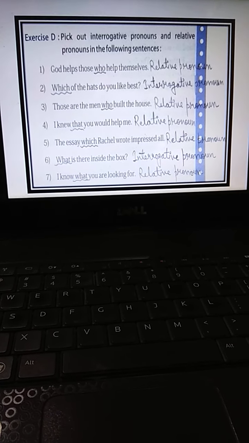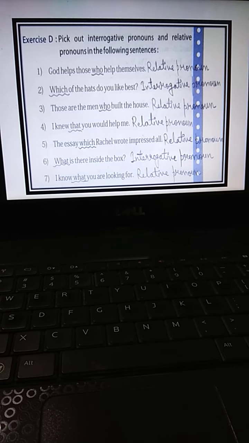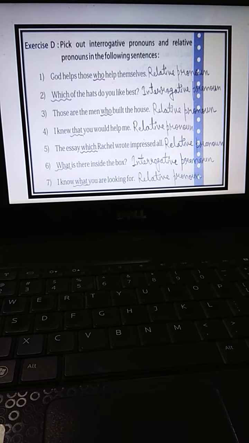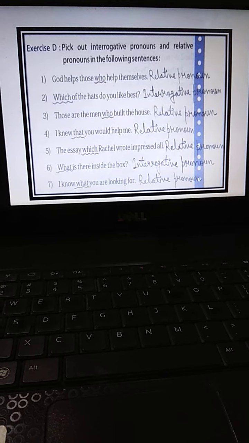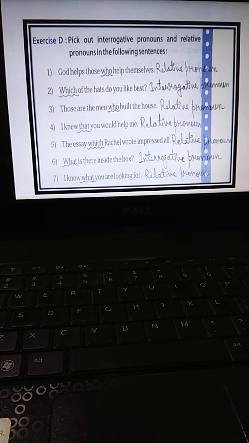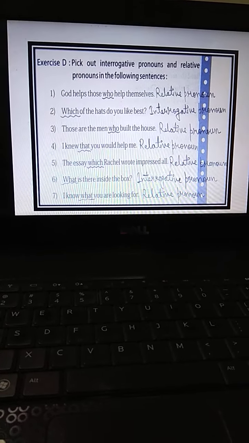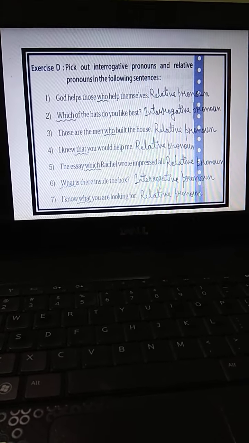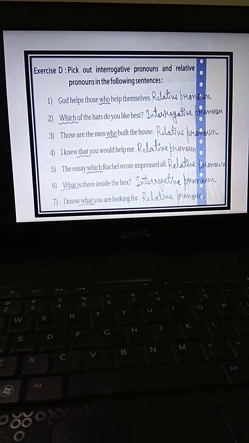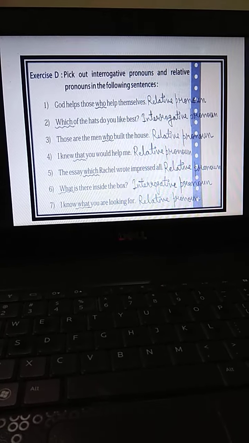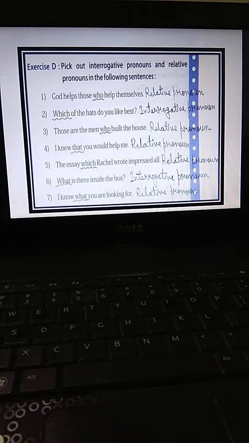A pronoun that is used to form a question is called an interrogative pronoun. And a relative pronoun, a word that does the work of a pronoun and conjunction, is called a relative pronoun.